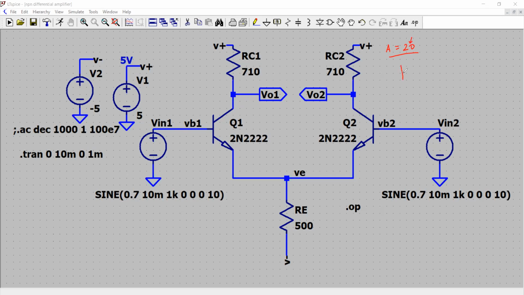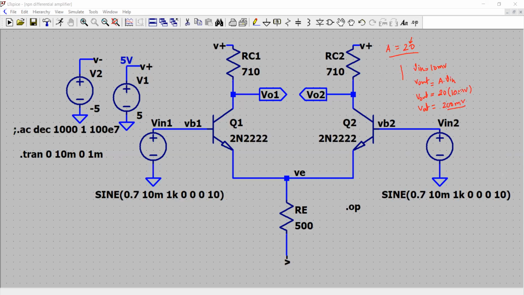For example, if I apply an input signal Vin equal to 10 millivolt, the output would be gain multiplied by the input, and if the gain is 20 and Vin is 10 millivolt, so 20 times 10 millivolt, the output would be about 200 millivolts.